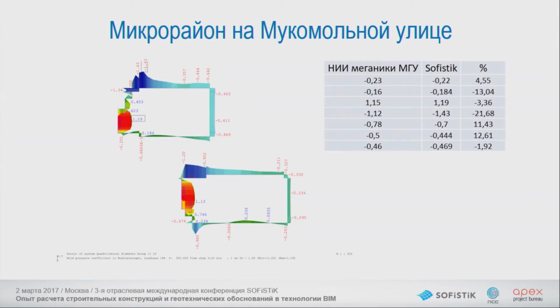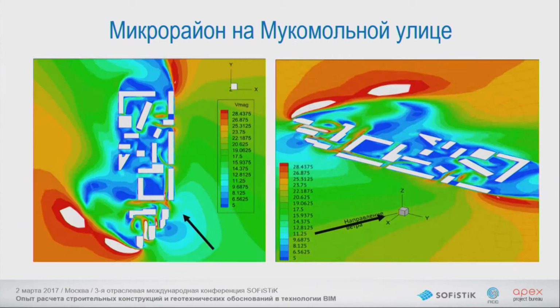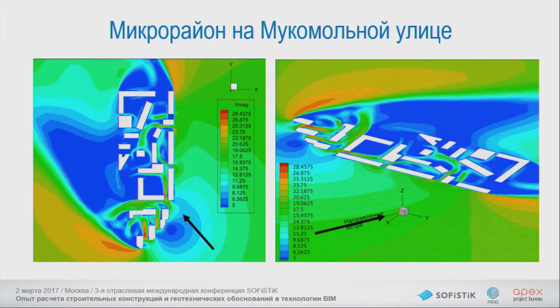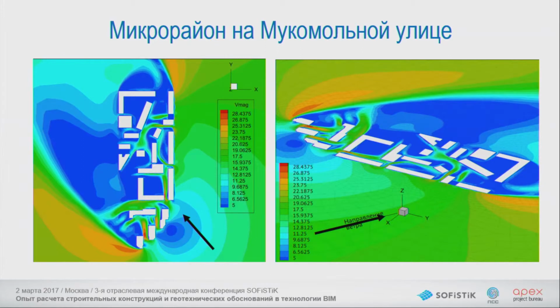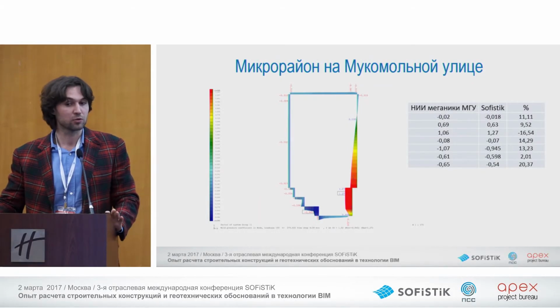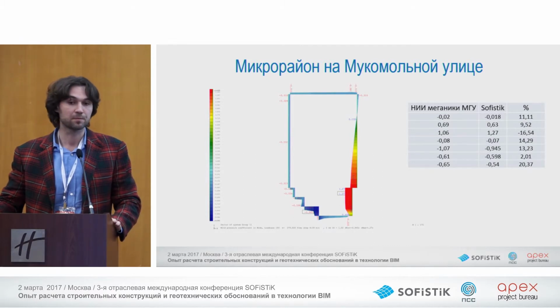It was very interesting. We used real experiments in a wind channel, and at some points the discrepancy was not more than 20%. In some 2%, in some 20%. Well, that's good, because we are not sure what the accuracy range of the wind channel experiments is.